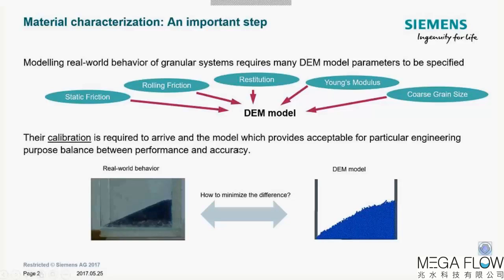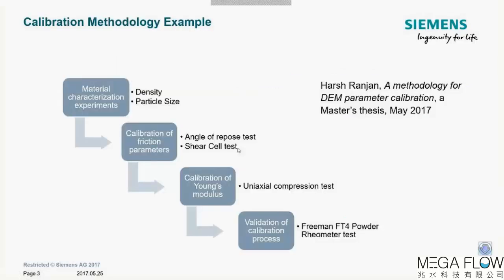And there are several methods out there for calibrating DEM models, and I just wanted to show you an example of one such calibration methodology that was recently developed at Purdue University, and here's a reference to the Harshranjan work methodology for DEM parameter calibrations, which he did using DEM in CCM Plus.